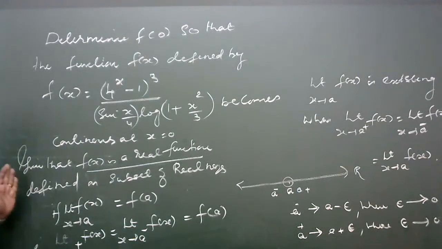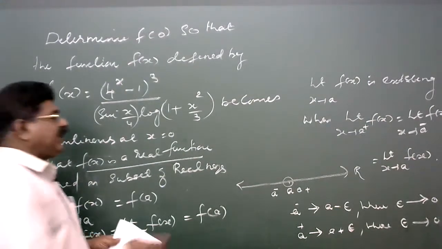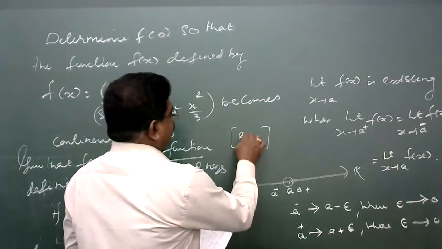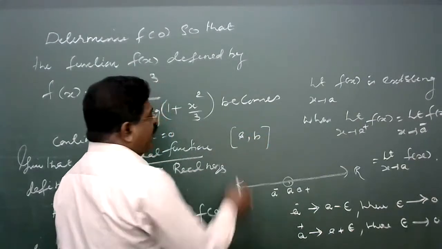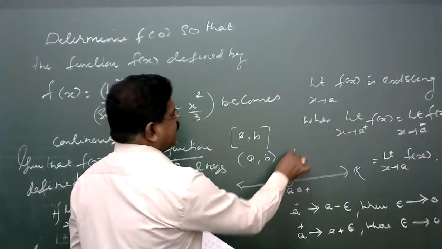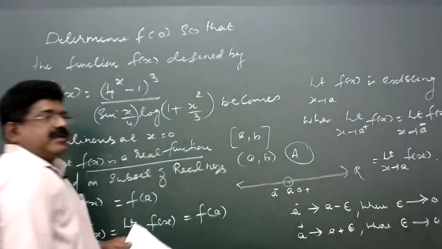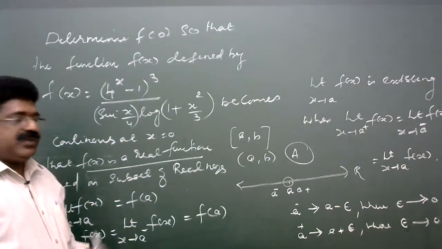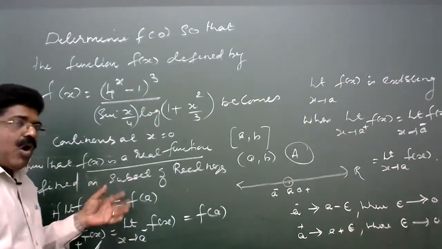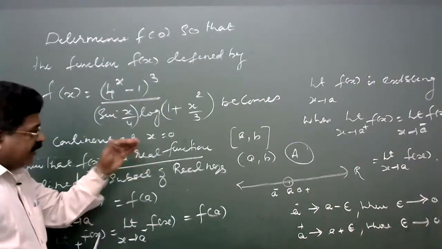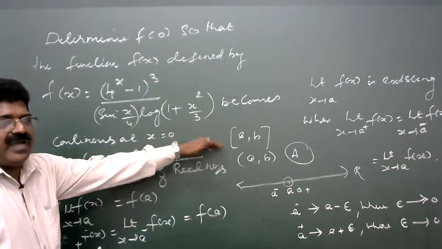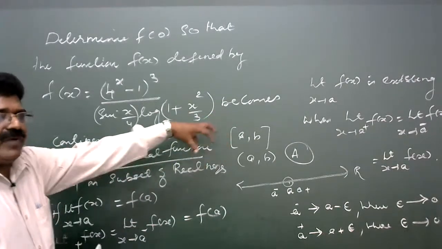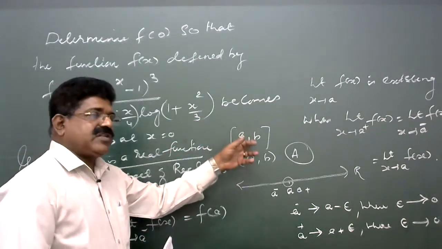Okay. Now here, I explained to you that the function is continuous at a particular point only. Now suppose the function is defined in a closed interval a comma b, or open interval a comma b, or a set A, a subset of real numbers. So the same condition is applicable for all the points in the subset, where the function is defined. That is called the domain.